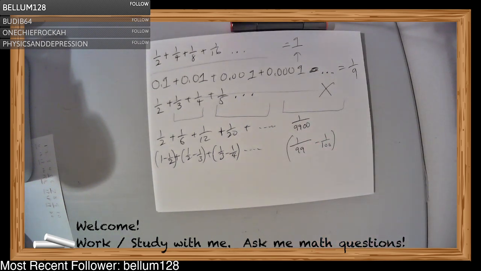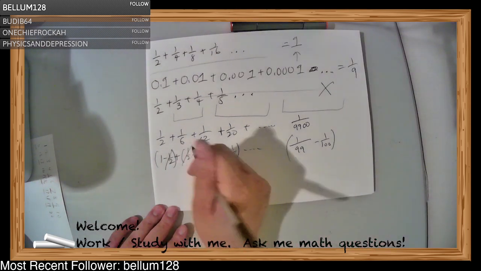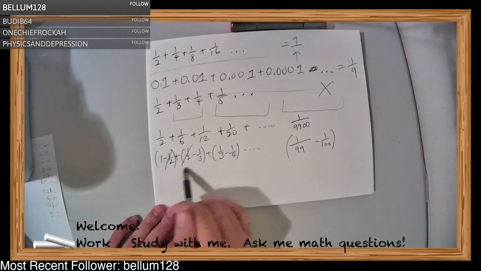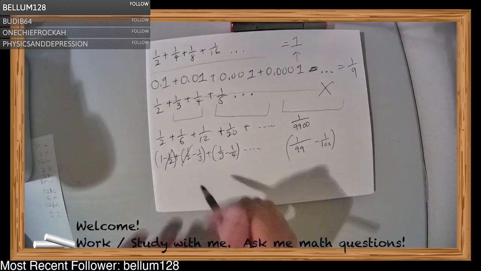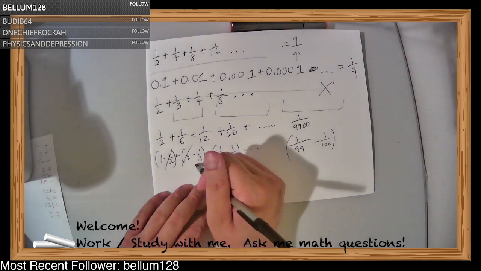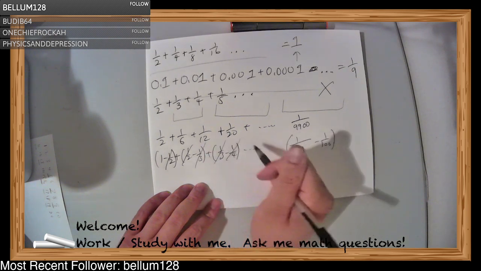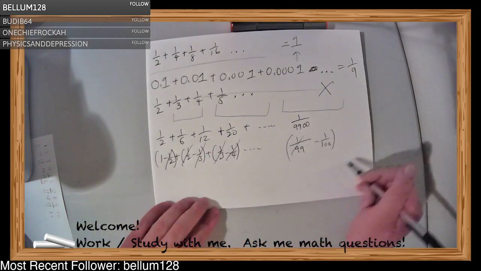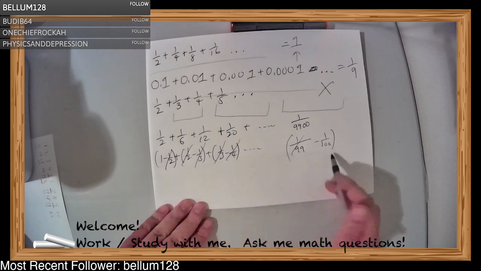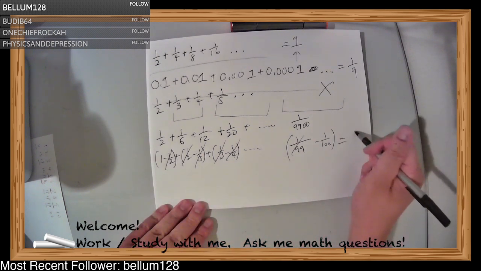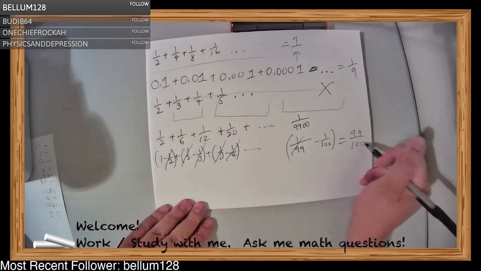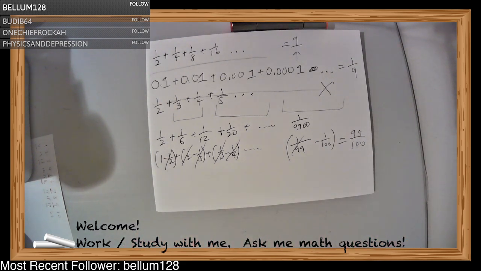So this is what we call a telescoping series. We're going to get rid of these because it's minus a half plus a half, which gives you 0. Finally we have 1 here minus 1 over 100. That's 99 over 100. And that's how you simplify that one.